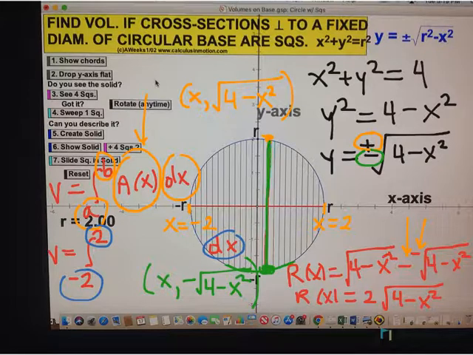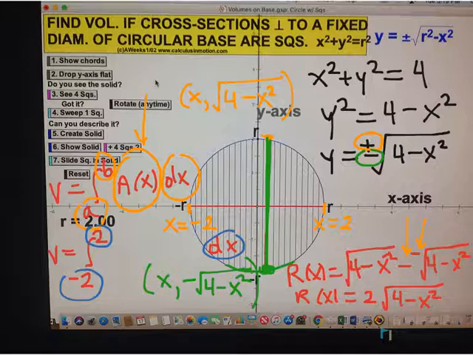Look at me as I trace the length of one side of our square, which will be the length of a vertical line segment along our base, from the top half of the circle drawn to the bottom half of the circle. And earlier we found a function of x that would give us the length of this vertical line segment, which would in fact be the length of one side of our square cross-section that is perpendicular to the x-axis.